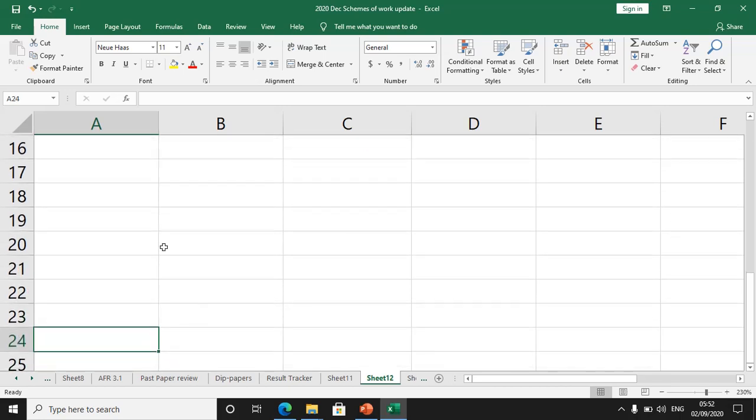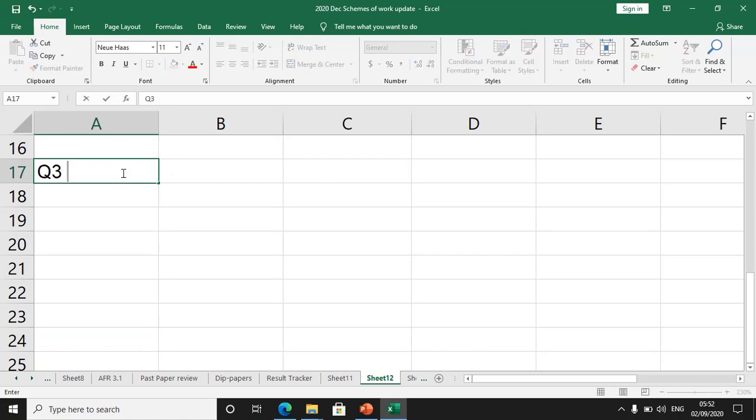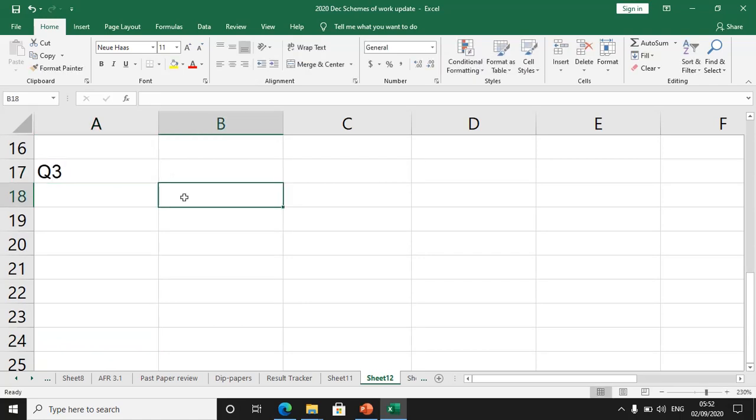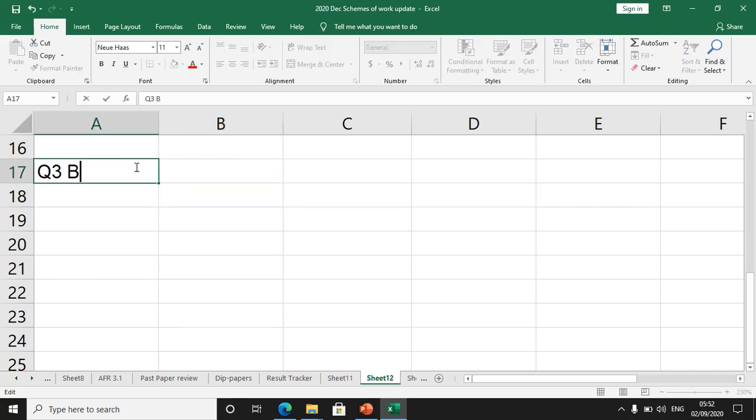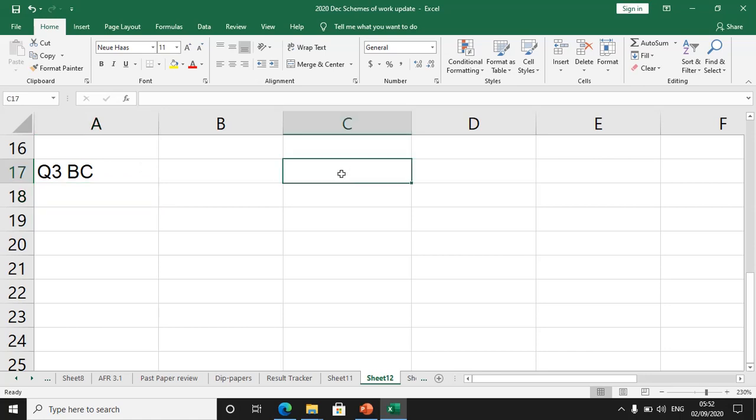Okay, say question 3 on there. We have got borrowing costs again. What is happening? We were able to get some money at a specific interest rate.